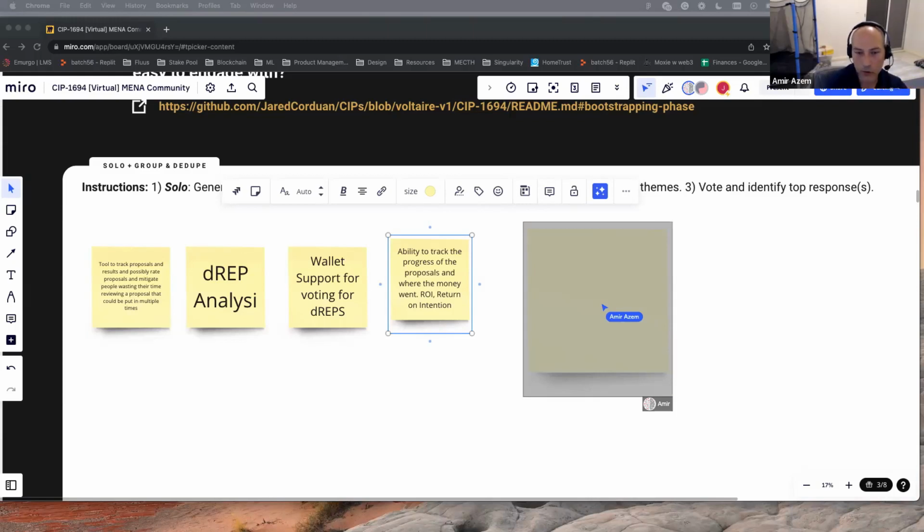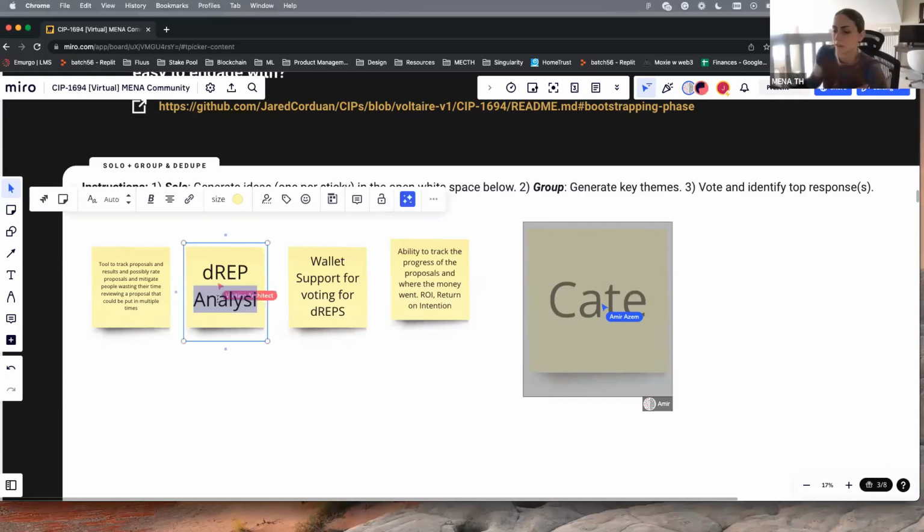Maybe they're interested in the social side, the marketing side, or a technical side. Maybe SPOs are more focused on that. So it helps to have clear categories set up for these governance actions. Yeah, I completely agree.